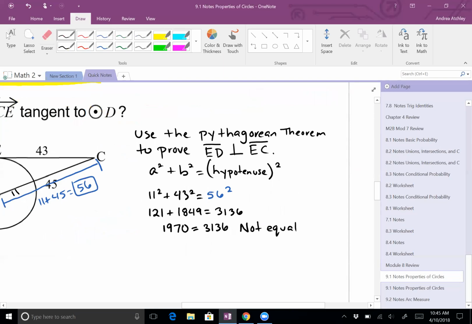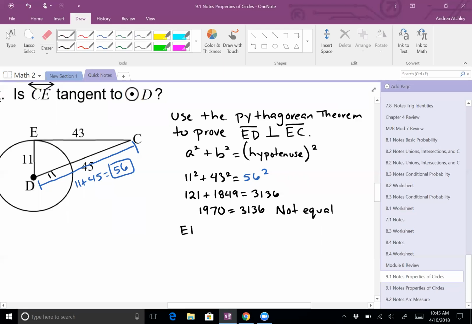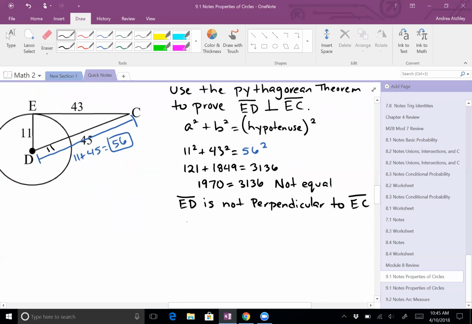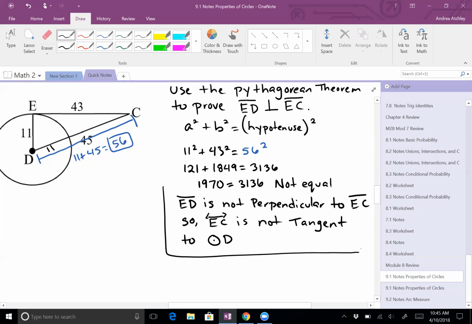Okay, so that means that ED is not perpendicular to EC, so line EC or CE is not tangent to circle D. That's what that proves.